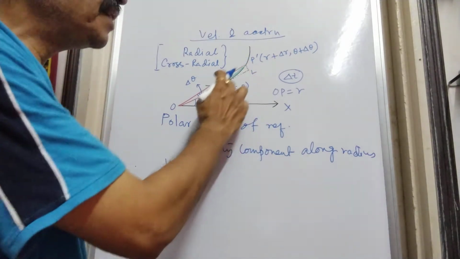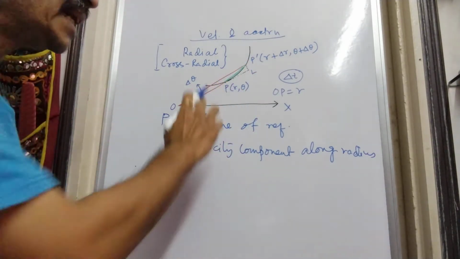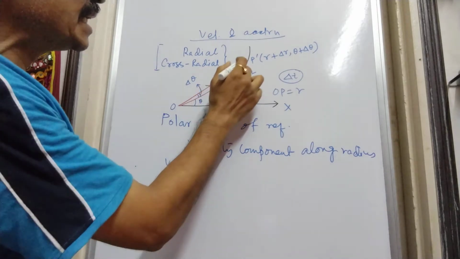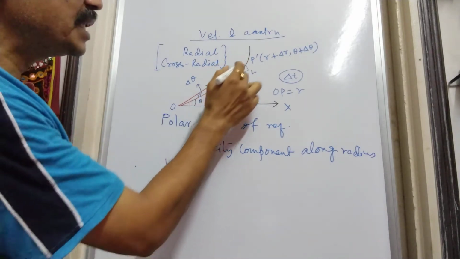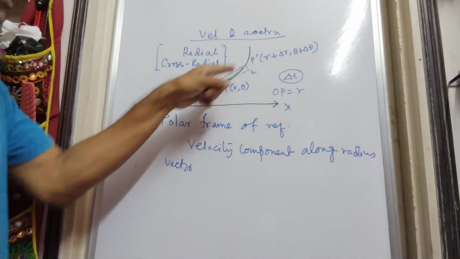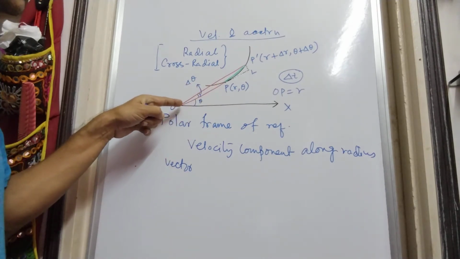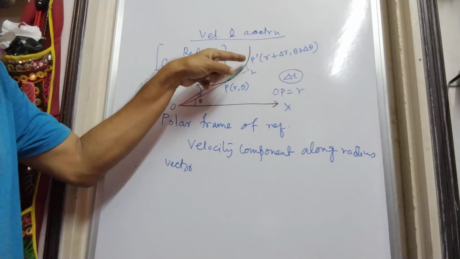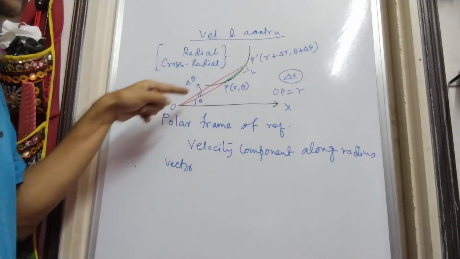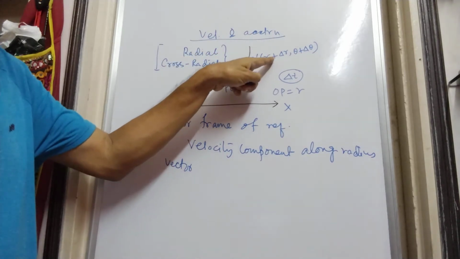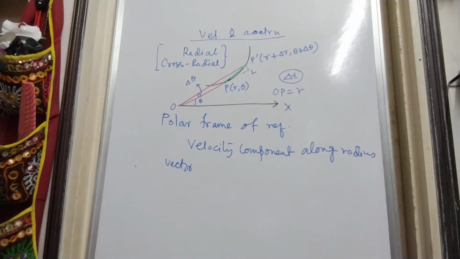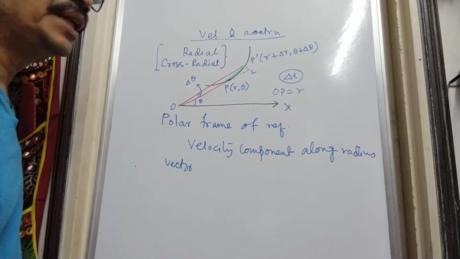So P and P prime are very close to each other, and in this diagram I have intentionally drawn the chord PP prime with green ink. This one is red, the original radius vector OP, which shifted to P prime. OP prime is the new radius vector having r plus delta r and theta plus delta theta as the coordinates.